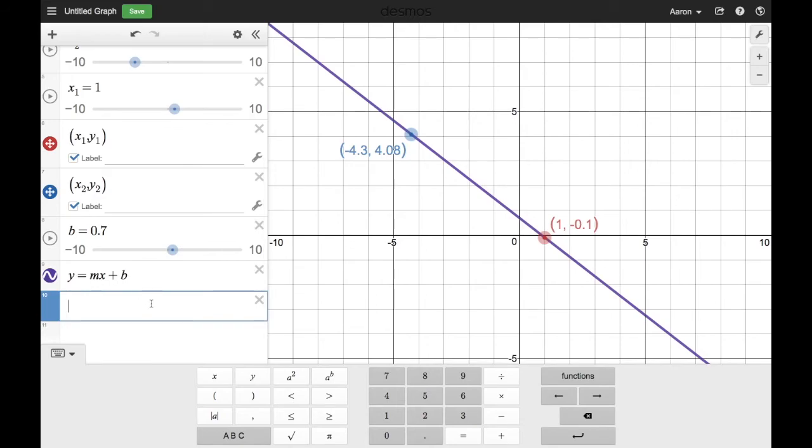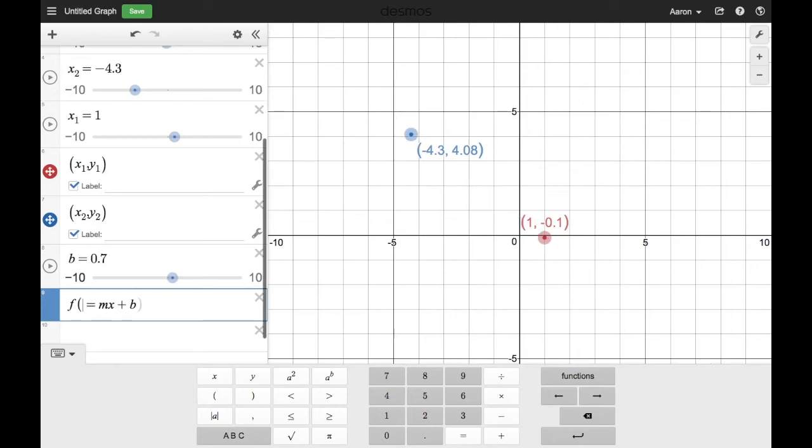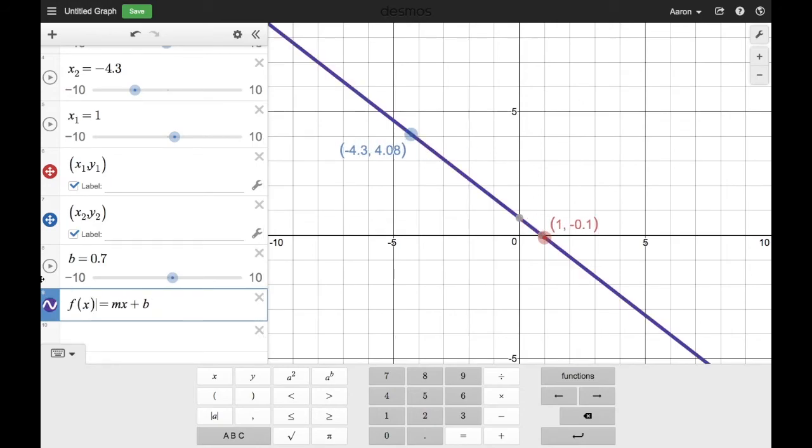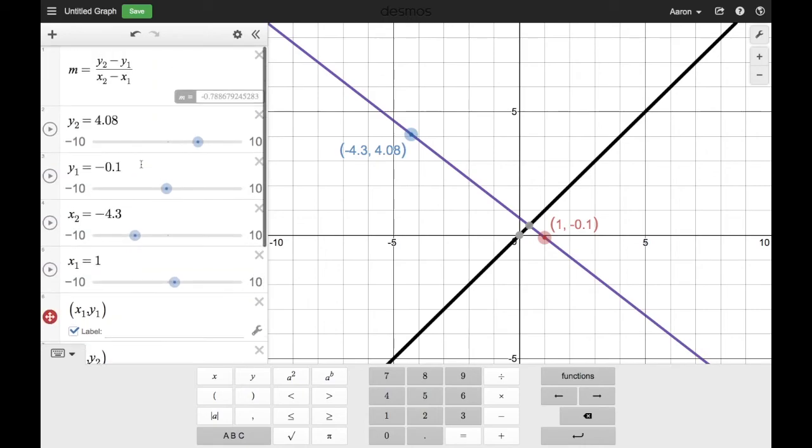Some other formulas, so you can even change this from y. I want to let you know that it recognizes function notation really well. f of x is equal to mx plus b. Some other fun facts you can do are x equals, say, a, and does it recognize a?